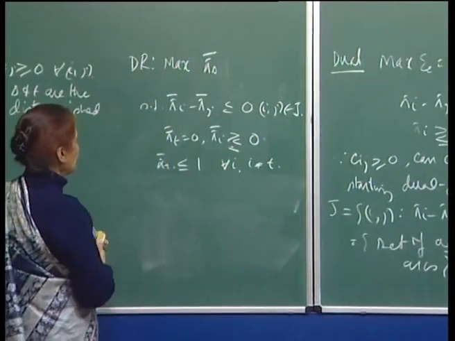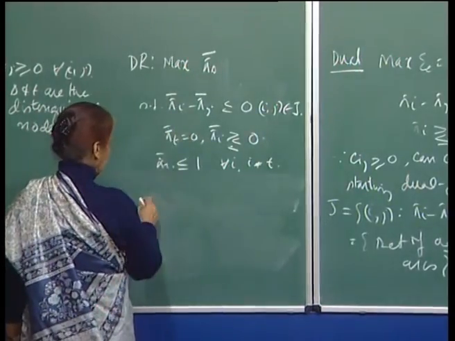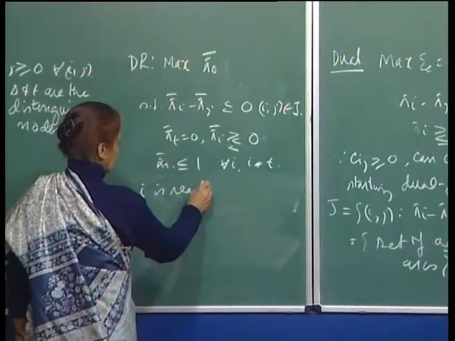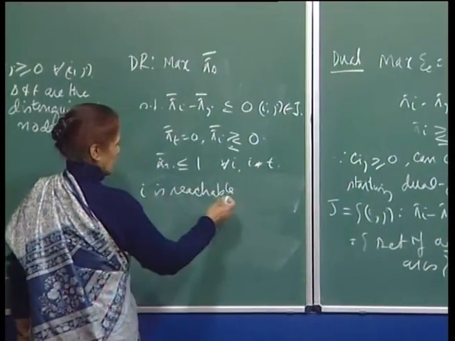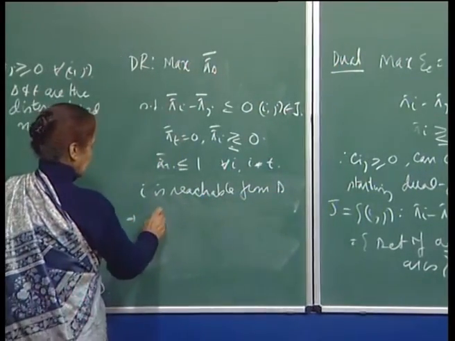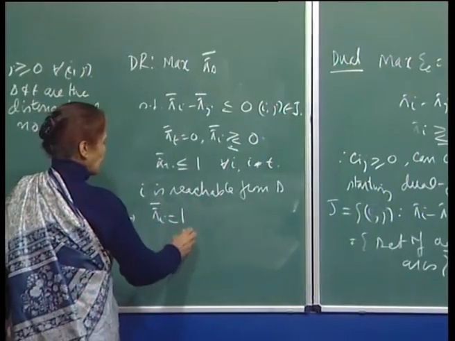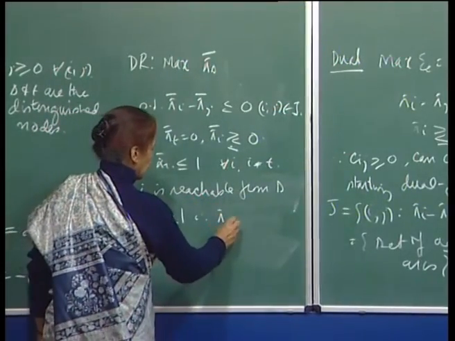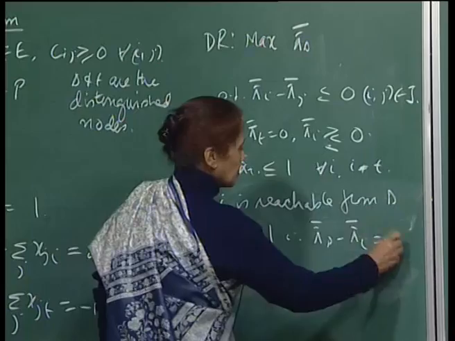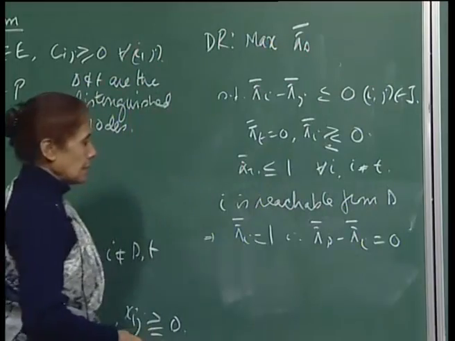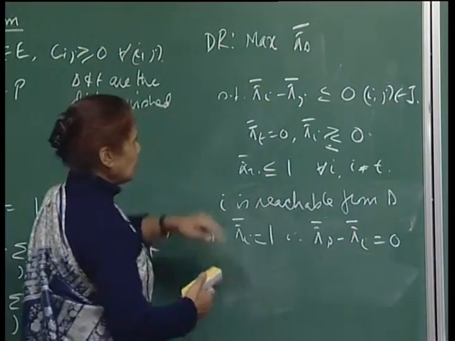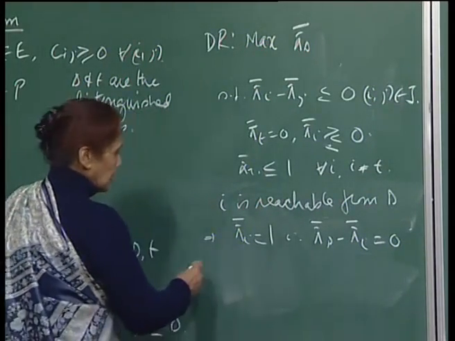Now, if I is reachable from S, this implies that pi I bar is also 1. Therefore, constraints of the kind pi S bar minus pi I bar is 0, right. So, this is satisfied, right. And this will continue for any I j.